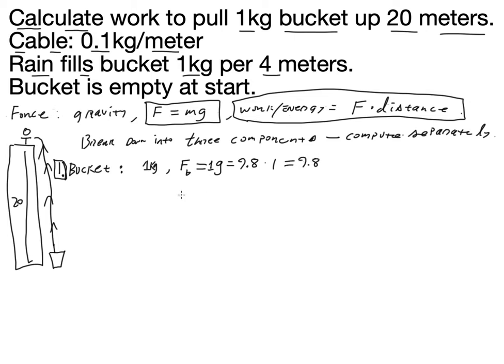And the work done for just the empty bucket is going to be the integral from 0 to 20 of g dy, where y is the vertical distance from the ground. So the ground starts off at 0, and we're going to go all the way up to 20. So that's going to be g times 20 to do that bit of work.